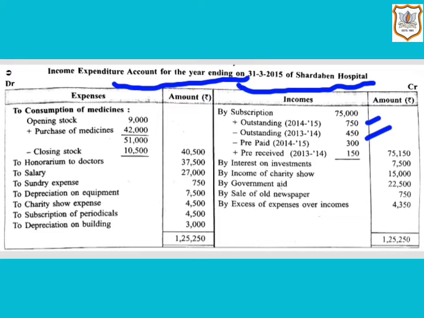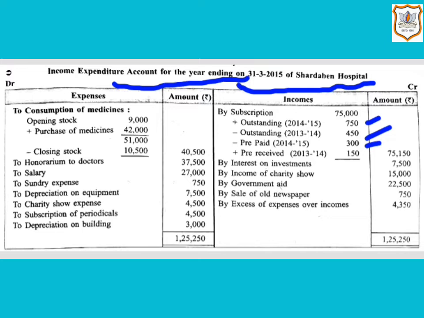that is year 13-14. Then we have subscription received in advance. On 1st April 2014 it was 150, and on 31st March 2015 it is 300. So 300 is the amount that is for the next year. It is subscription of next year which we have received in advance this year. So as it is not of this year, we will deduct it. 300 will be deducted. It is prepaid.